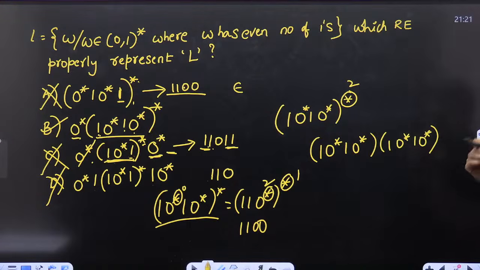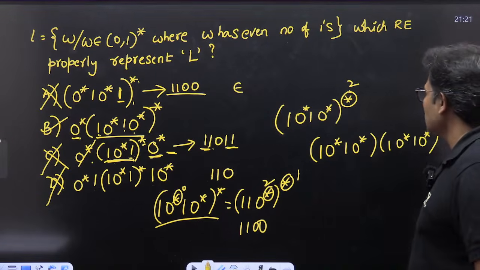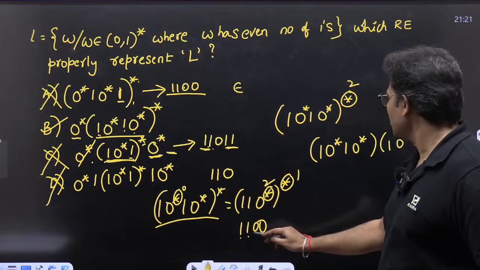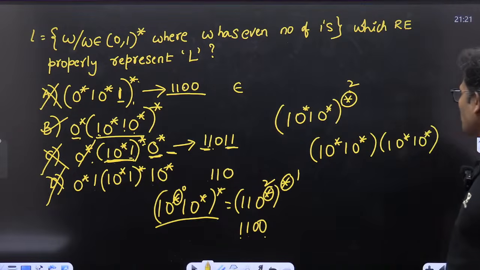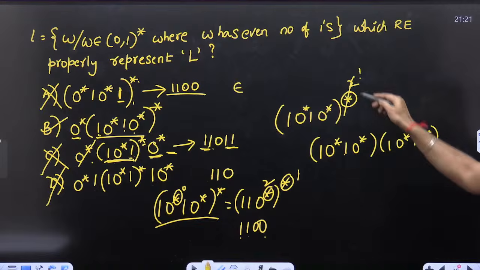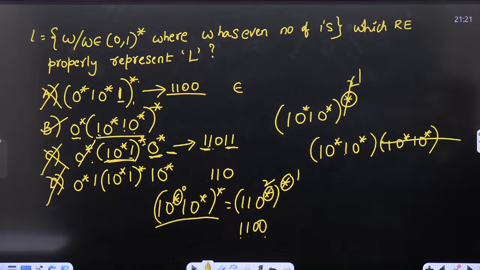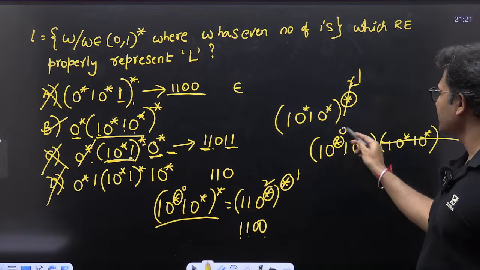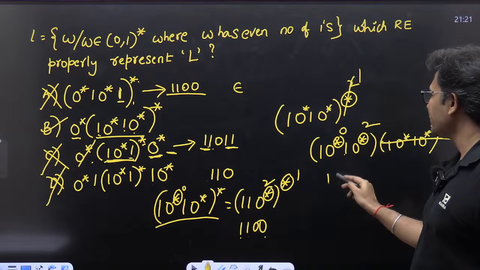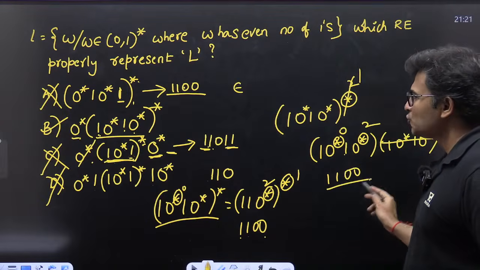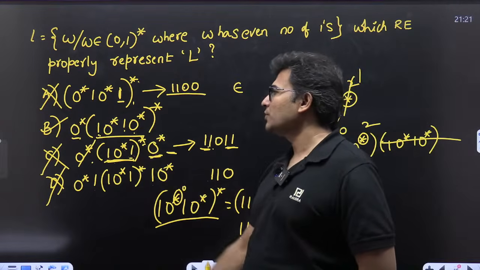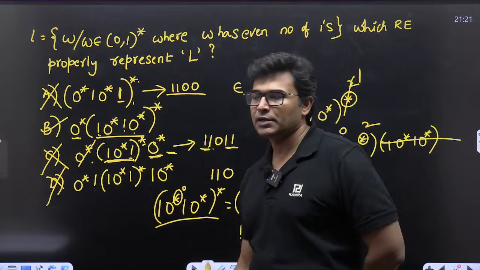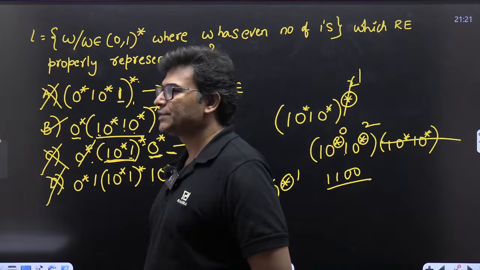Now I want what? 1100. So here itself, even if I put 1 also, it will generate. This is not required. I'll put a 0 here. I'll put a 2 here. 1100 is there. So you try to generate any string with 1100, you will be able to generate it. Directly, if you try to analyze it, it will take a lot of time.